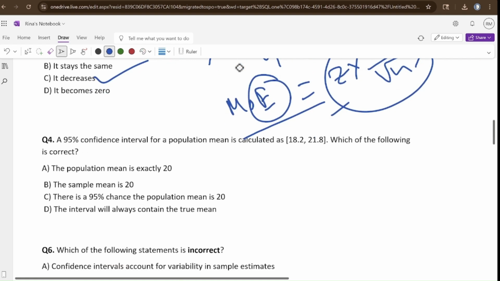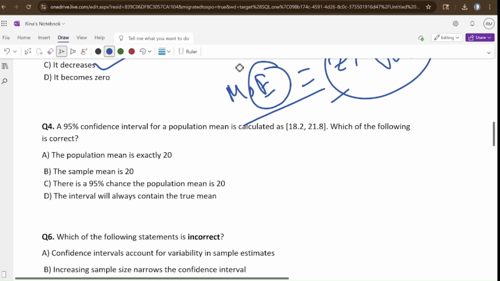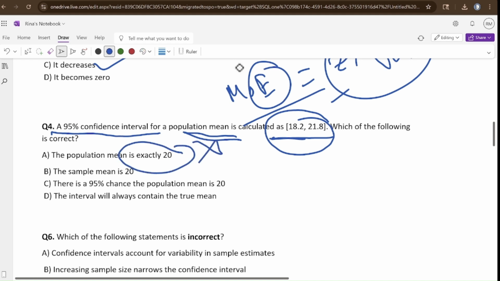Now, a 95% confidence interval for a population mean is calculated as 18.2 to 21.8. Which of the following is correct? Population mean is exactly 20? Population mean is never exactly 20.